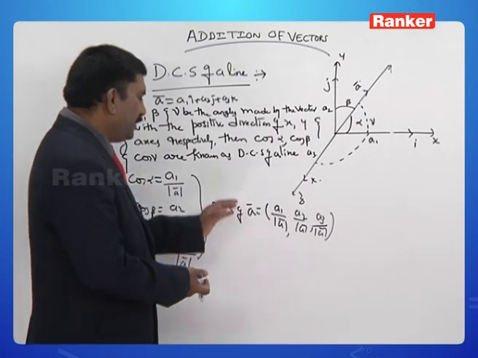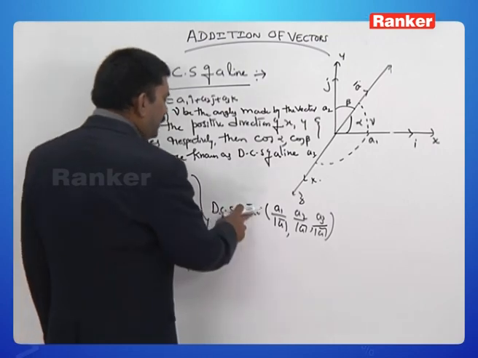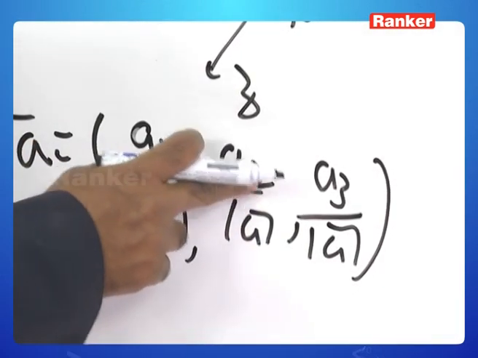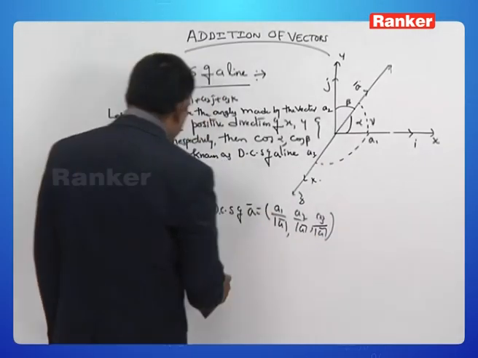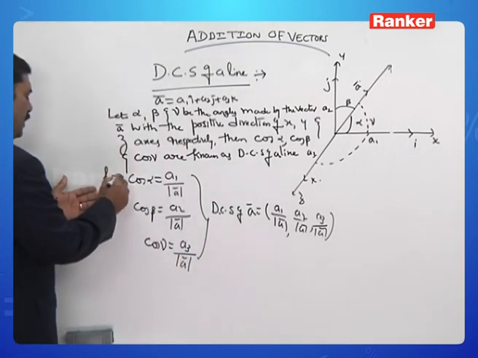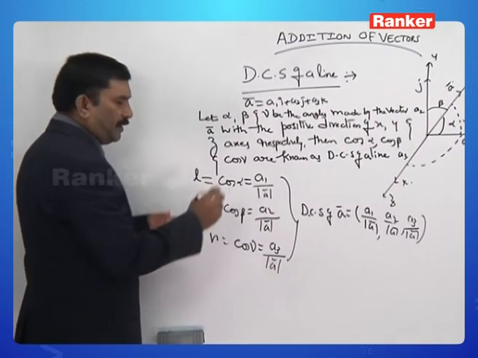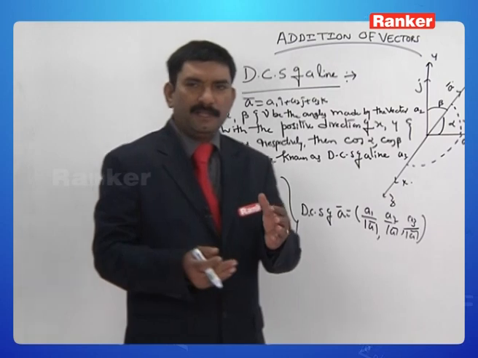Right. So the DCs of A bar are these. Now look here: I can also call them L, M, N. These elements are also the DCs of a line.